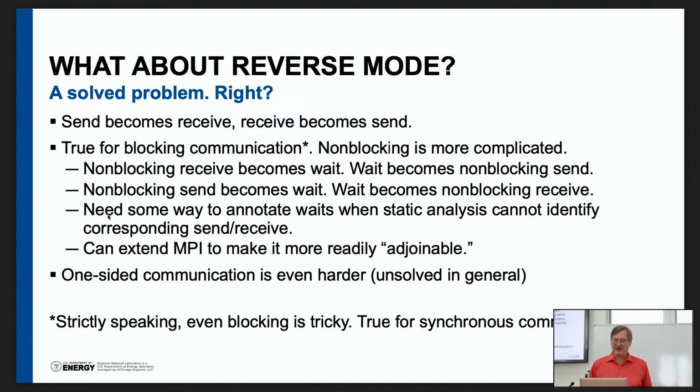One-sided communication is even harder, and I think it's still an unsolved problem in general. So I said that blocking was easy: send becomes receive and receive becomes send. Even blocking isn't completely trivial, and this statement that you can just invert the receive and send really is only true for synchronous communication. You have to be a little bit careful with blocking.